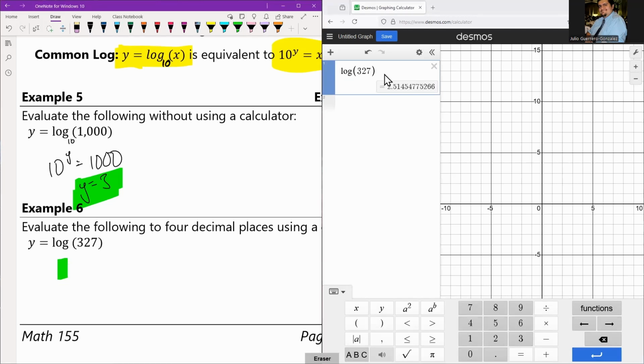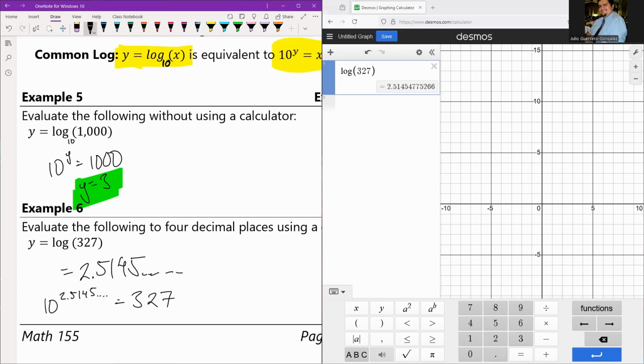This is equal to 2.5145 and change. So this is basically saying that 10 to the 2.5145 and change is going to be equal to 327.